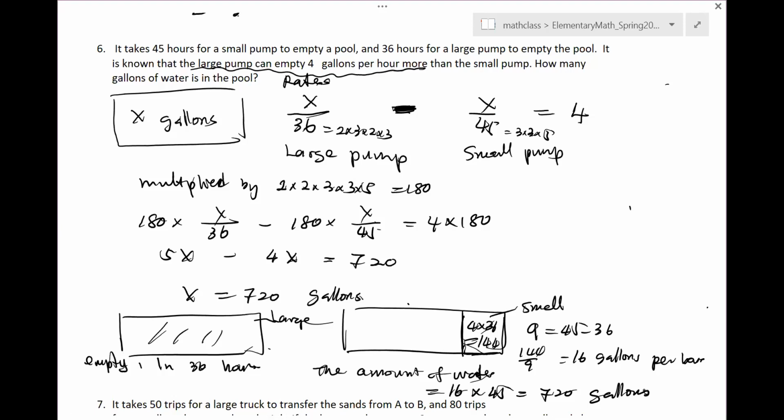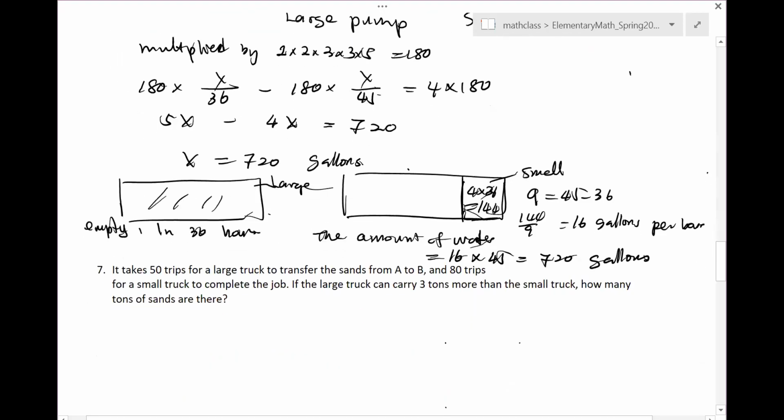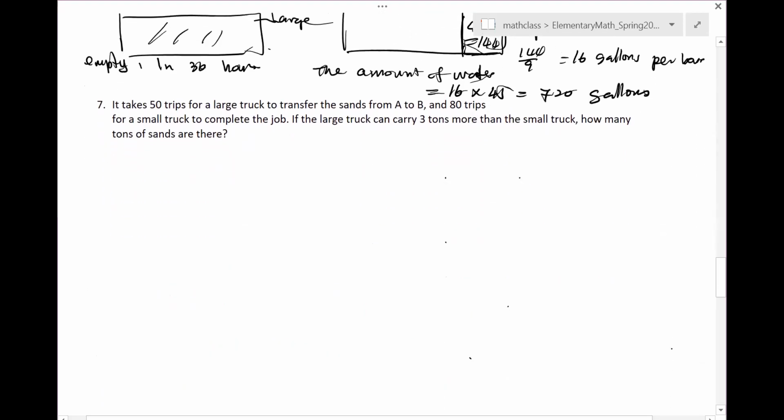The one that uses equations is actually straightforward. You write down the difference, then you solve for x. Of course, a little bit technical here: you have to know how to solve for x, and how to add or subtract fractions. All right, let's take a look at the next problem.